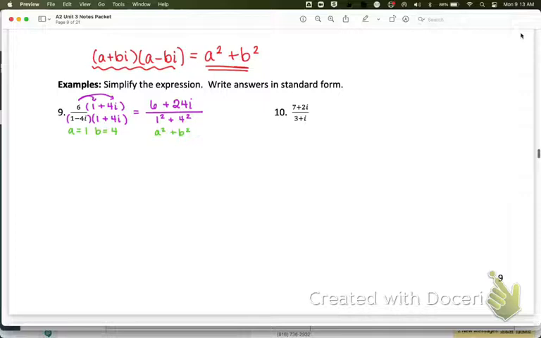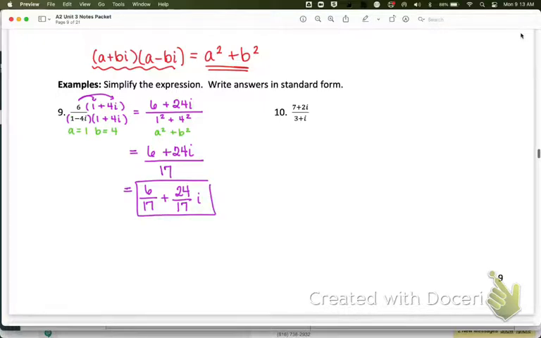And so we get 6 plus 24i, those are not like terms, so we can't combine them, over 1 plus 16, which is 17. And now, just like we did on the previous one, we need to break it apart. So I have 6 over 17 plus 24 over 17i. That's going to be our final answer in standard form.